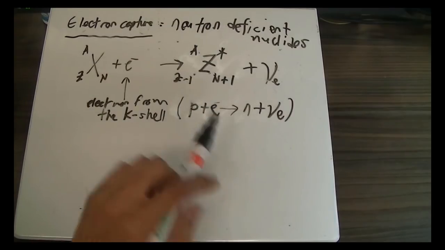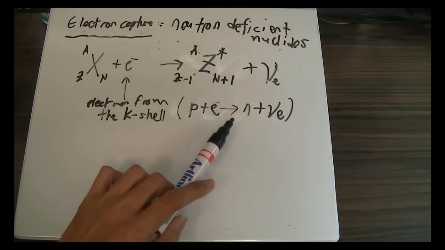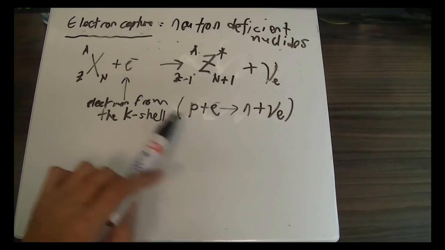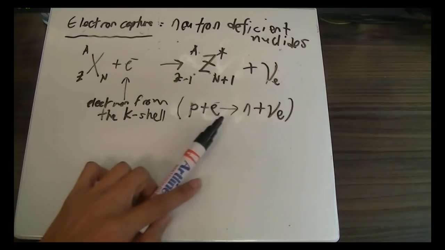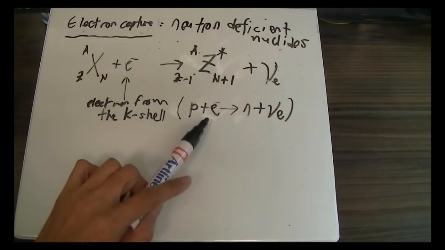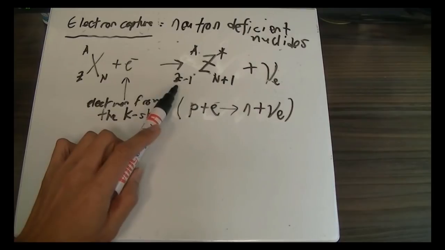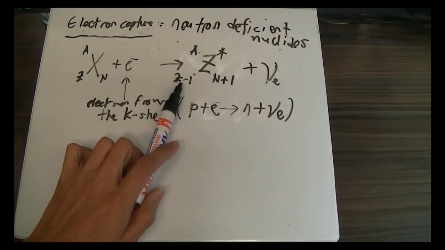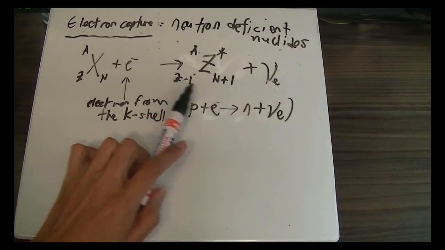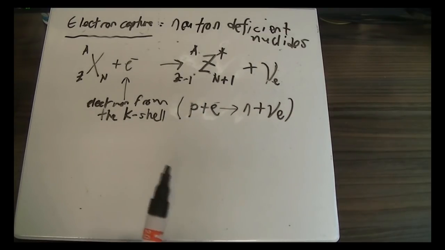Because the nucleus lacks neutrons, it has to find a way to increase the number of neutrons by sacrificing one proton and pulling in one electron from the K shell. As a result, the number of protons is decreased and the number of neutrons is increased by 1. And that is that.